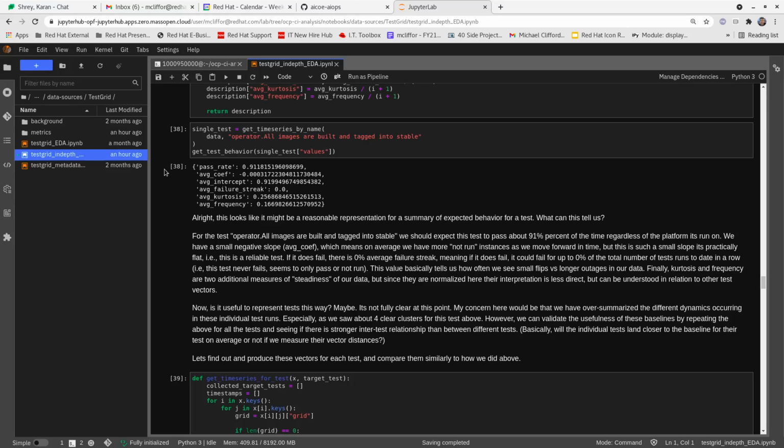And then the kurtosis and frequency are just additional measures of steadiness of our time series. So this might be a really useful way to summarize the behavior of a test across the platform.